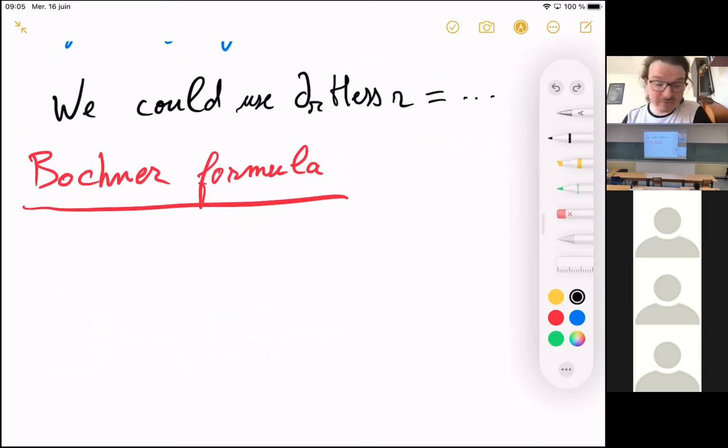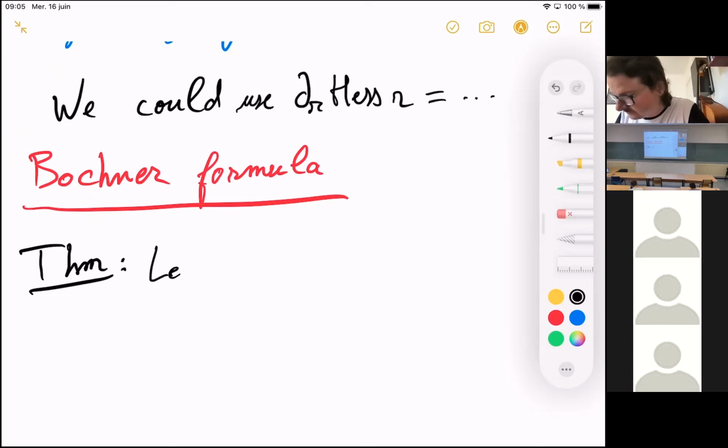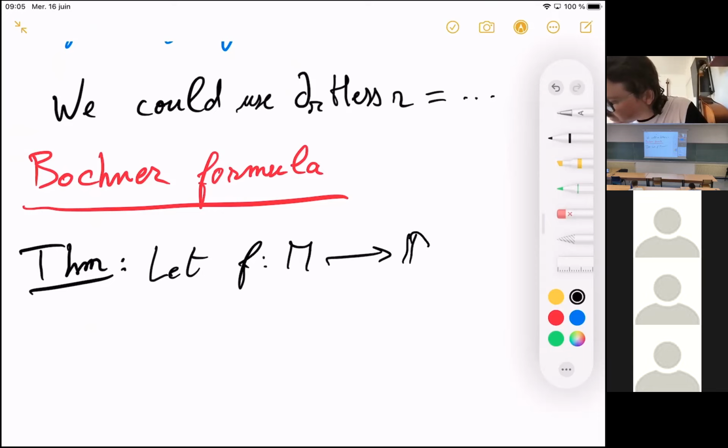So the Bochner formula has this advantage that you're using a very simple function. Let f from a Riemannian manifold M to R be a smooth function.